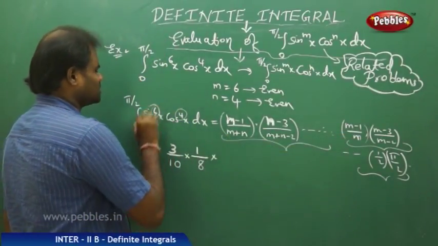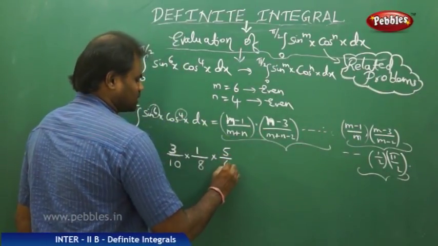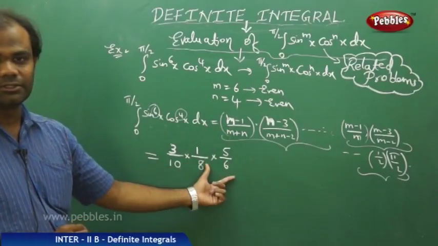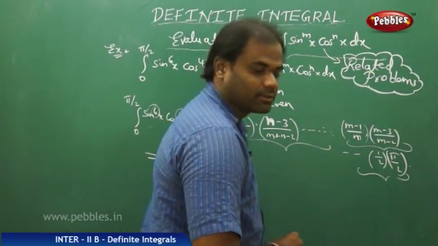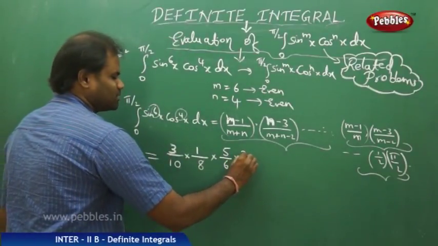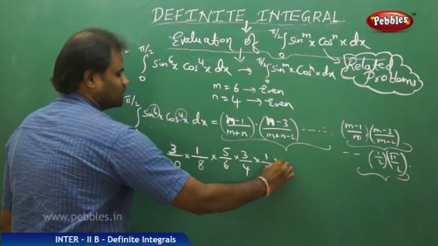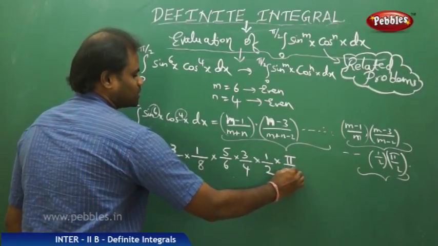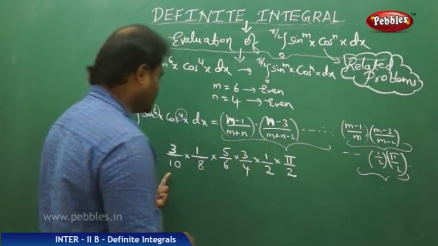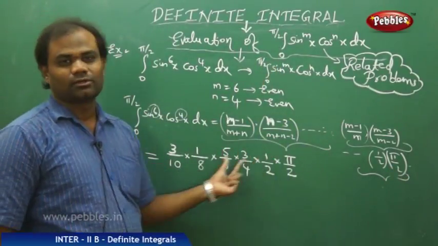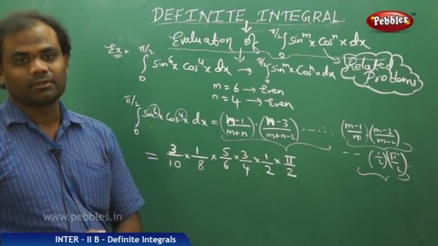Similarly, m is 6. So using the formula 6 minus 1 by 6 is what we get in the initial term. And I see that each term is reduced by 2 units. Therefore, each of numerator is reduced by 2 units here, and next again the 2 units here, and of course pi by 2, which comes because it's an even case, is how consecutively each of the numerators and denominators are reduced by 2 units each time we proceed further.